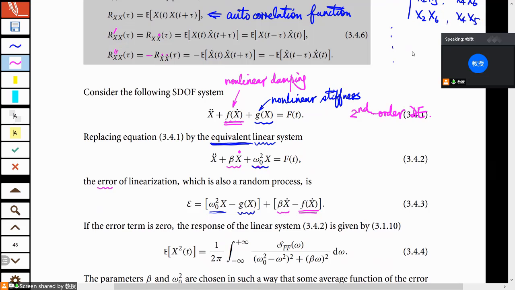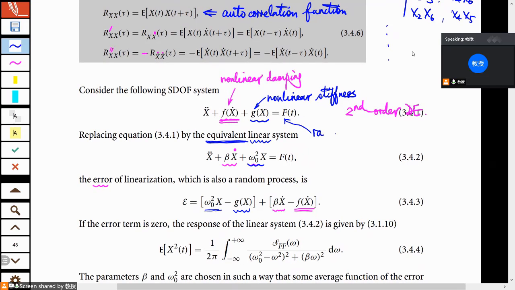And because F(t) usually is a random process, since we are studying random vibration, the error epsilon is also a random process.